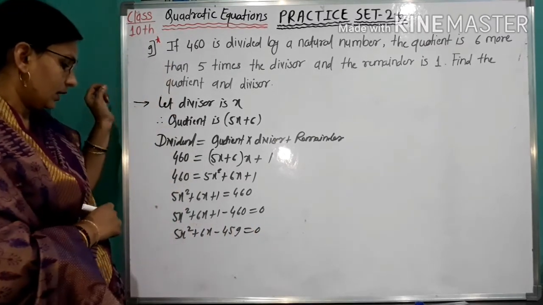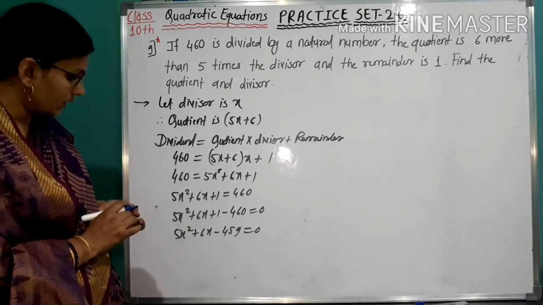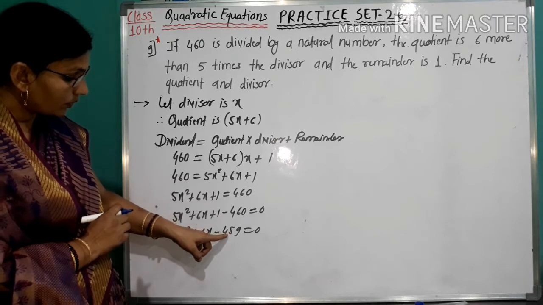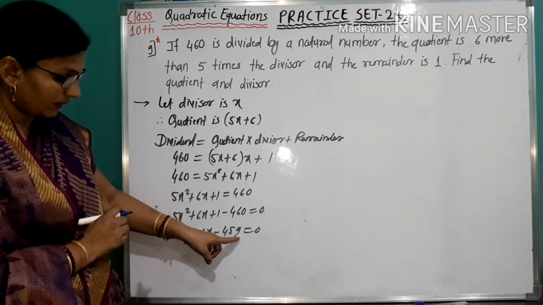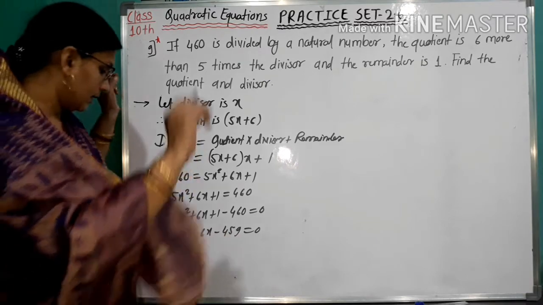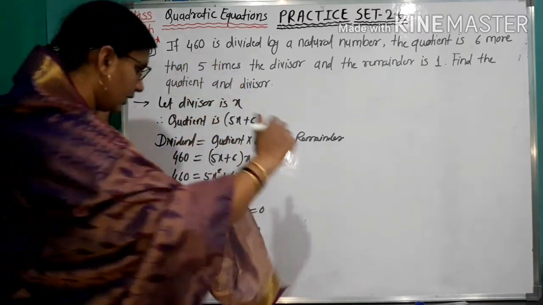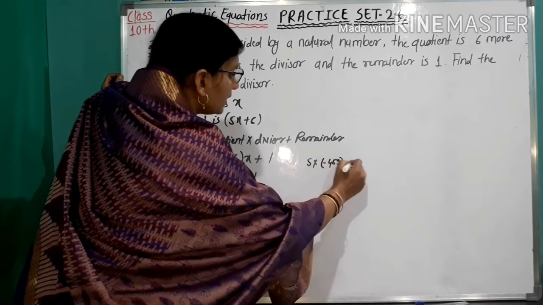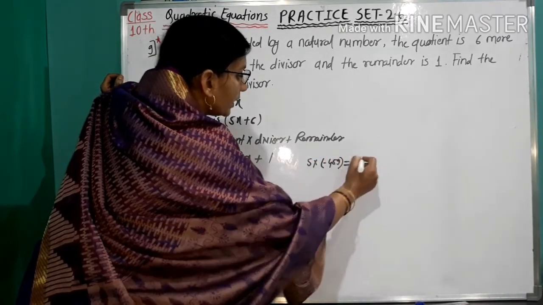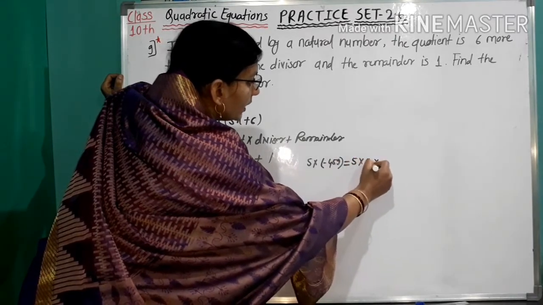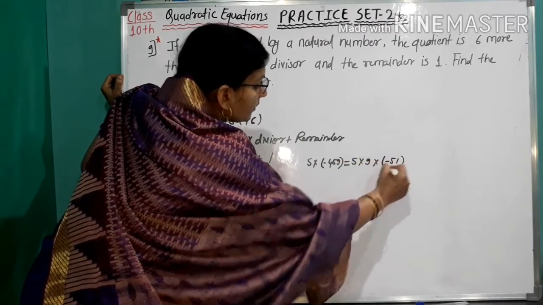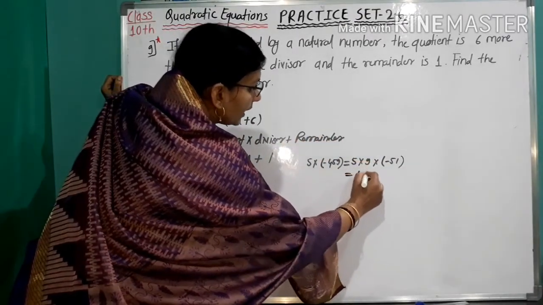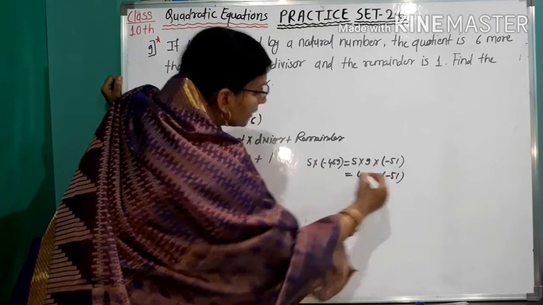Then we solve this equation by factorization method. Find the product of 5 into minus 459, their difference is 6. Here 5 into minus 459 is written as 5 into 9 into minus 51, and this 9 into 5 is 45, into minus 51.